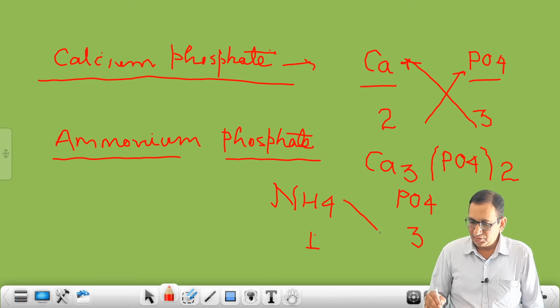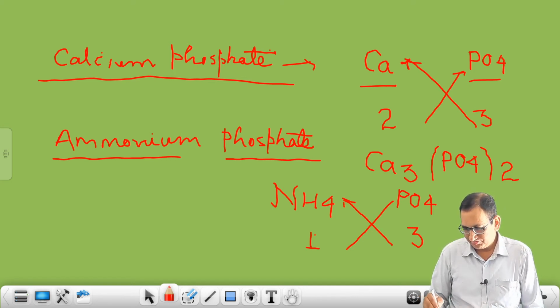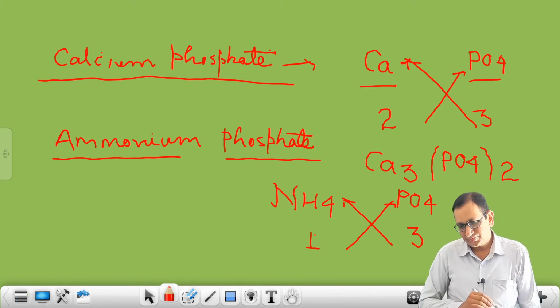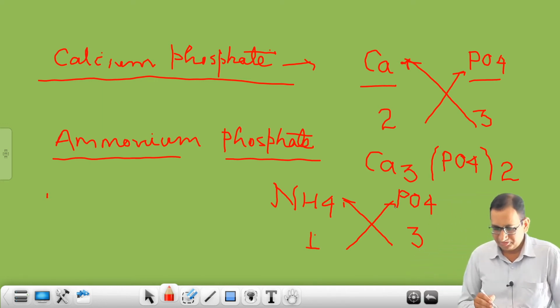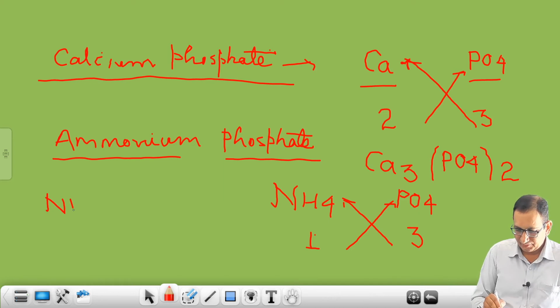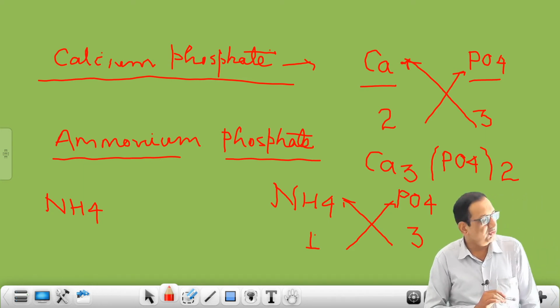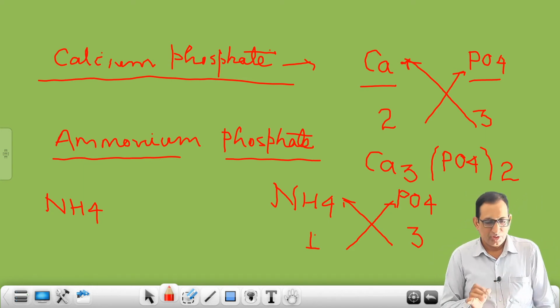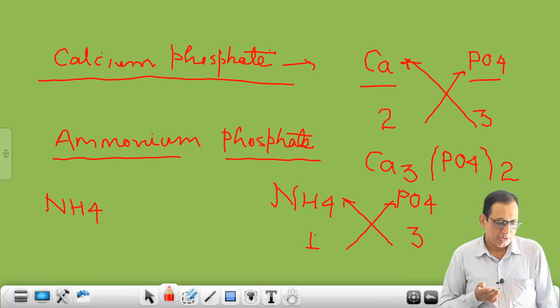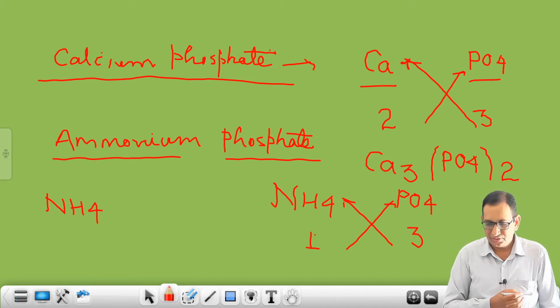Now by cross multiplication, we will have here NH4 coming in bracket. Why? Because this is in compound form. Two types of elements are there, nitrogen and hydrogen.